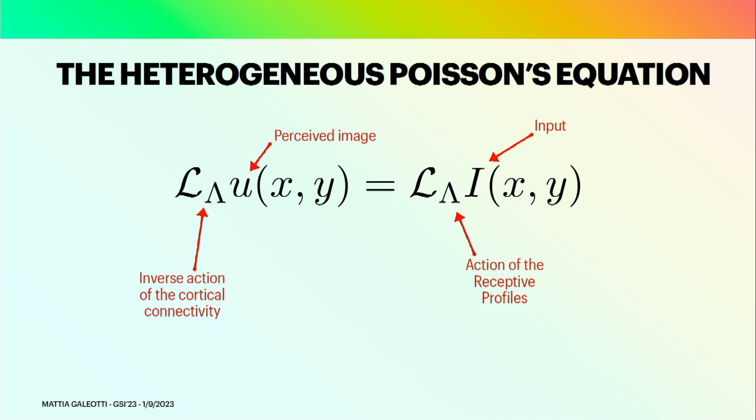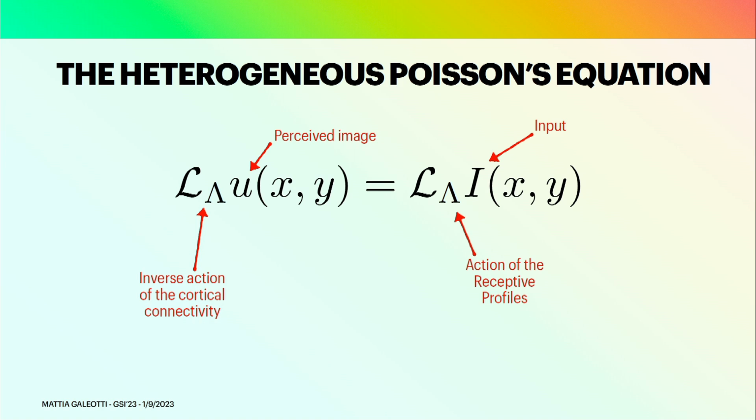What I wrote here, I'm sorry if it's not clear, is that we give a different interpretation of what is going on, because we want to stress that the cortical layers not only register the image, but they reconstruct it.